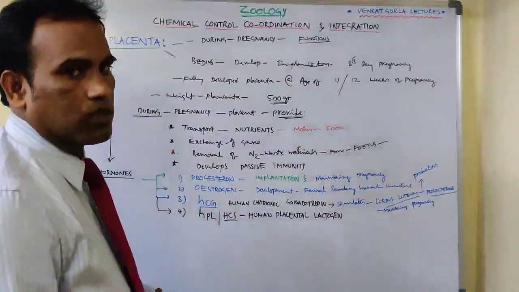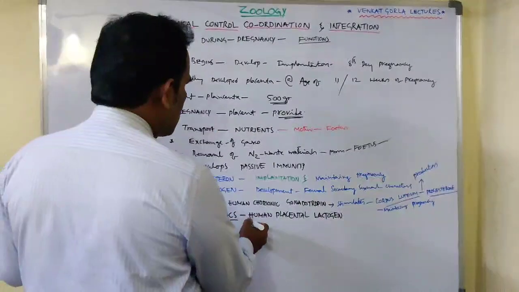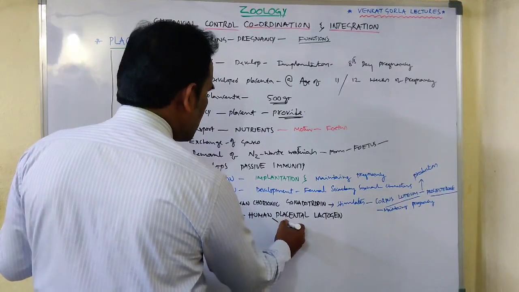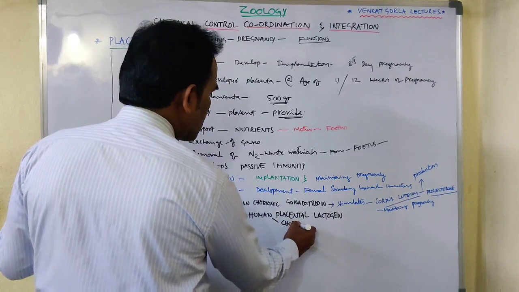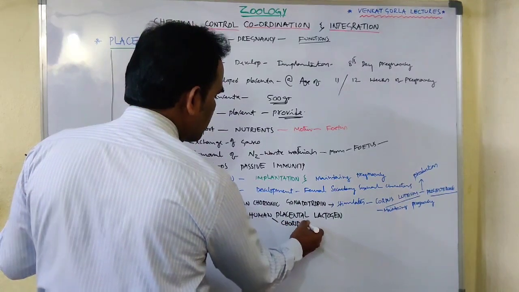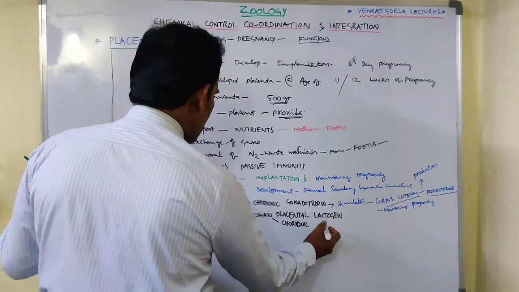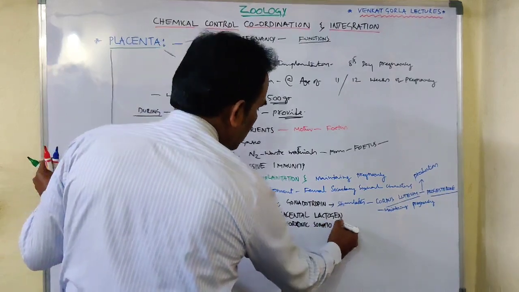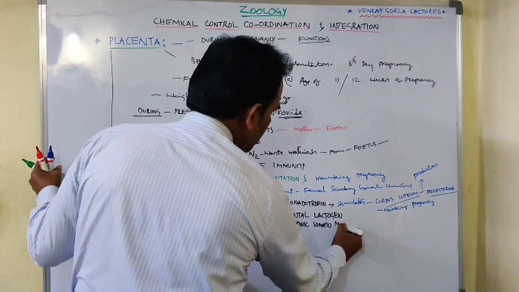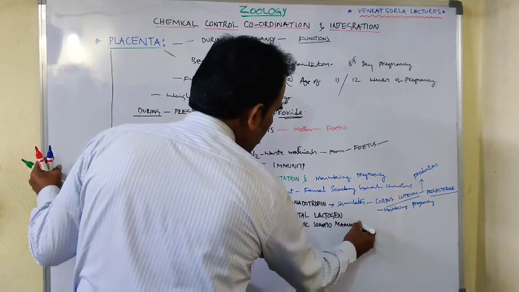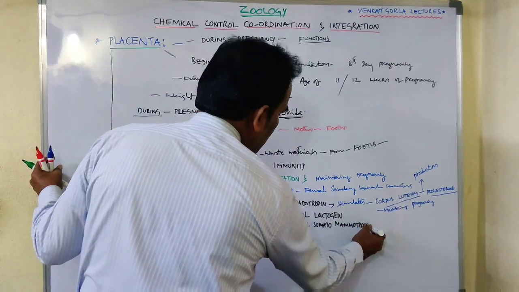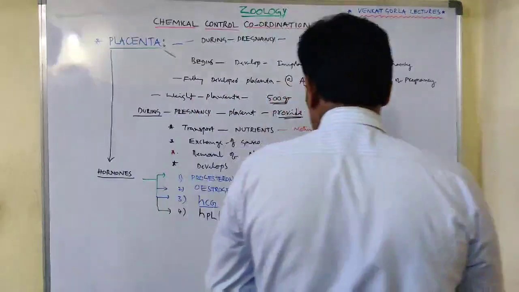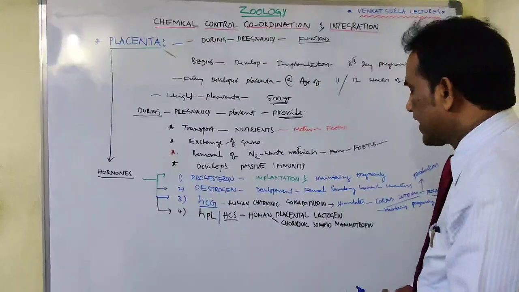Human placental lactogen hormone is otherwise called HCS, human chorionic somatomammotropin.